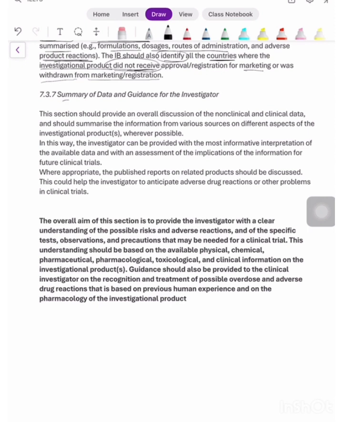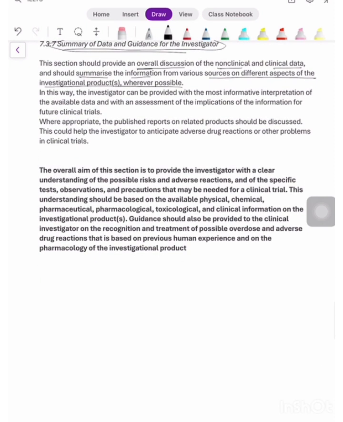Then summary of data guidance for the investigator, which we were talking about. So it provides an overall discussion of non-clinical and clinical data, and it summarizes the information from various sources on different aspects of the investigational product wherever possible.